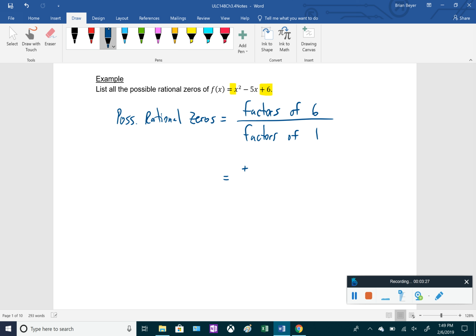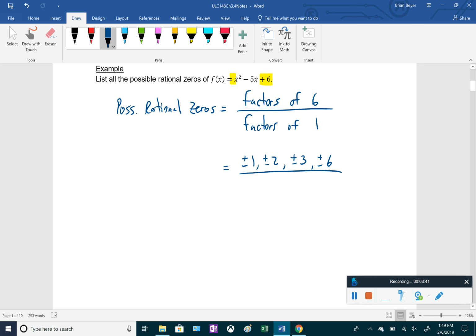So the way I'm going to write it is plus or minus 1, plus or minus 2, plus or minus 3, and plus or minus 6. Every single time we're doing these problems for possible rational zeros, everything's going to have a plus or minus in front of it. Okay, so for the factors of 1, that's just going to be plus or minus 1. Only 1 times 1 or negative 1 times negative 1 are factors of 1.